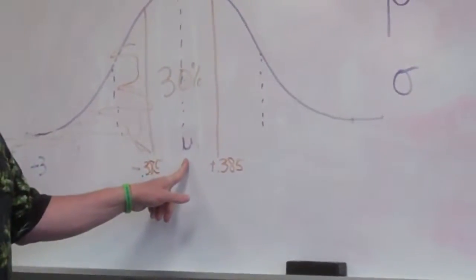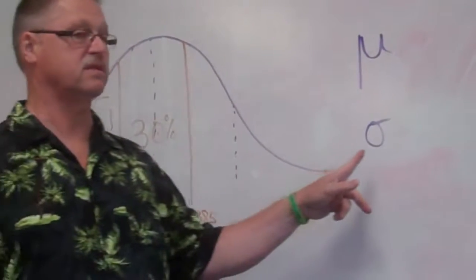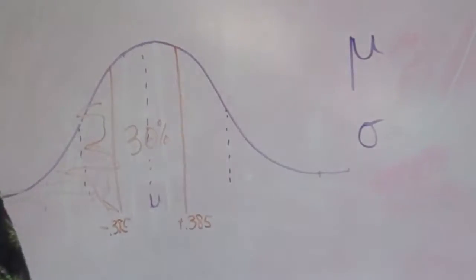Inverse norm wants all those things. All right, then put the center as 0 and the standard deviation as 1 and see what happens. And the area is 0.35. Yeah.